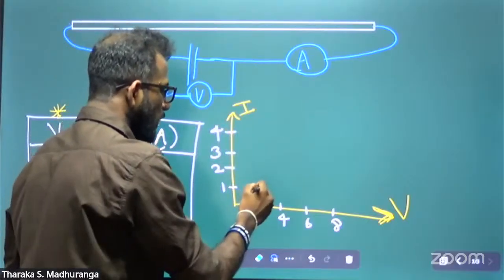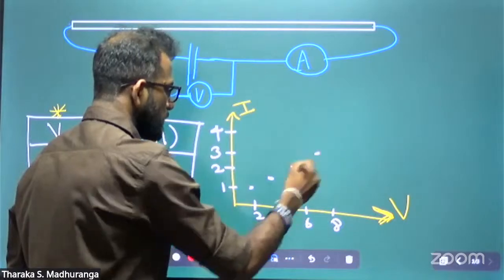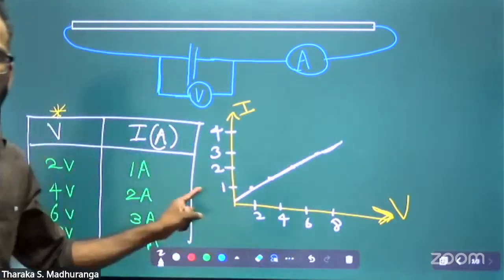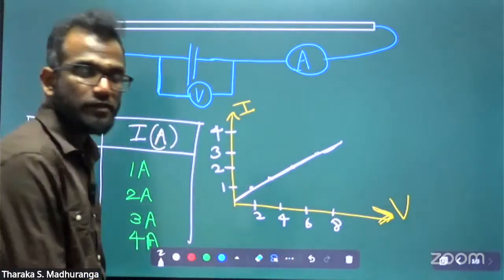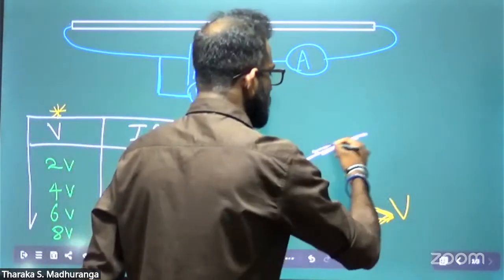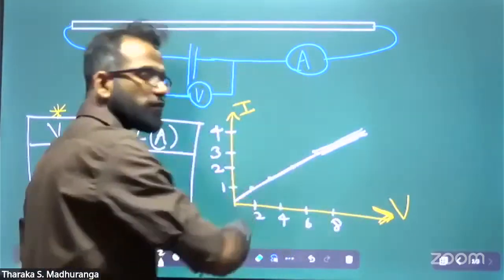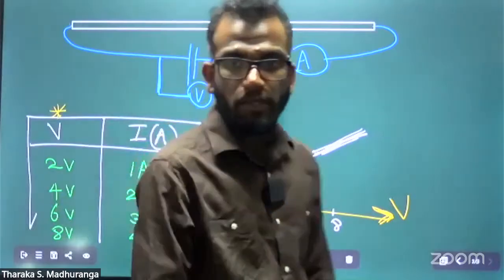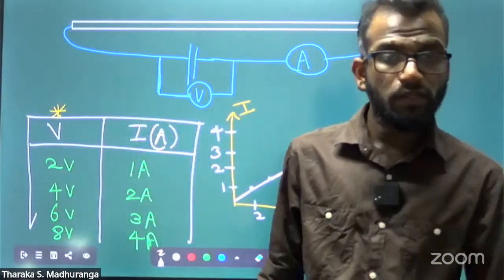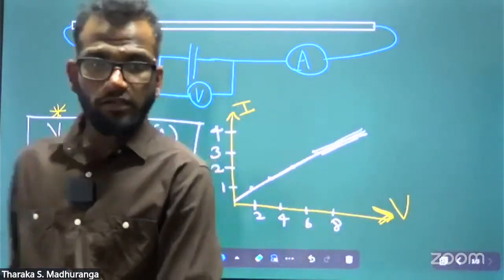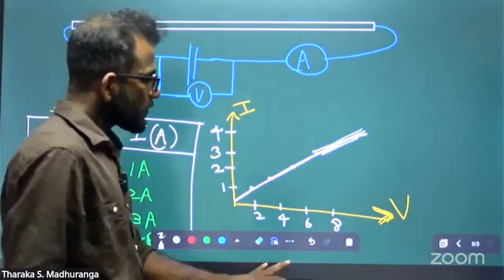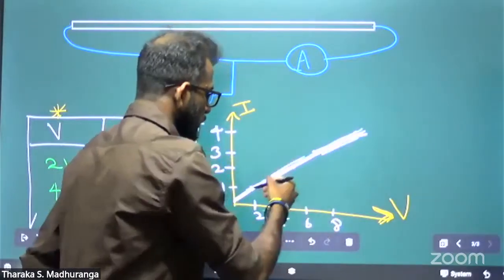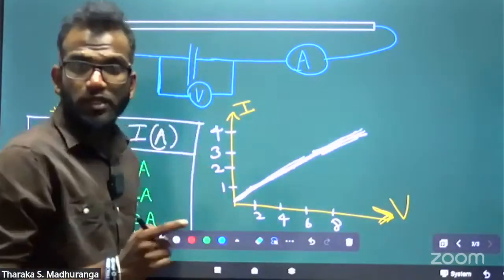If you mark these values, you can see a straight line coming. The result is a straight line going through the origin of the Cartesian plane.